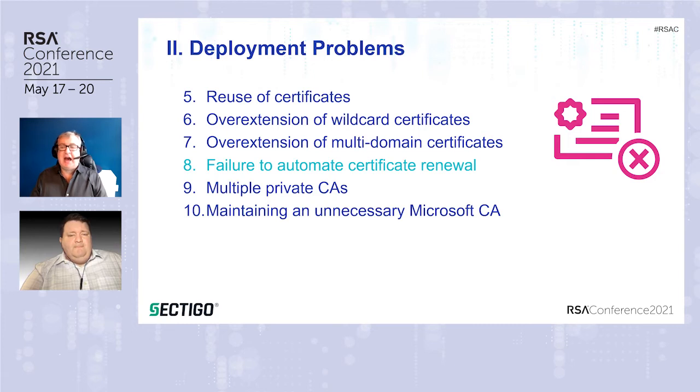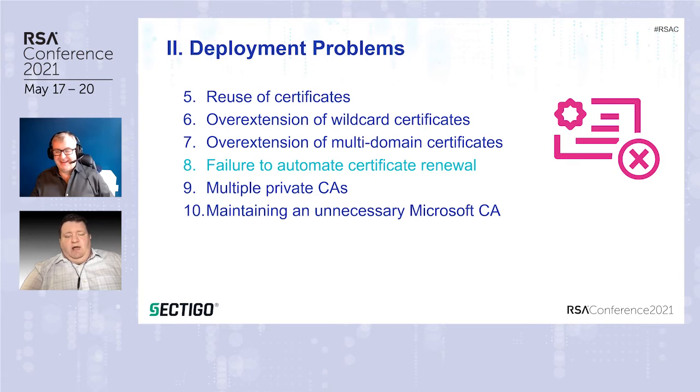Every year we see high-profile outages from major technology providers and major online services that go down, and the root cause is a certificate that didn't get renewed. The list goes on, and these are not minor players. We're talking about Microsoft Teams. Yes.